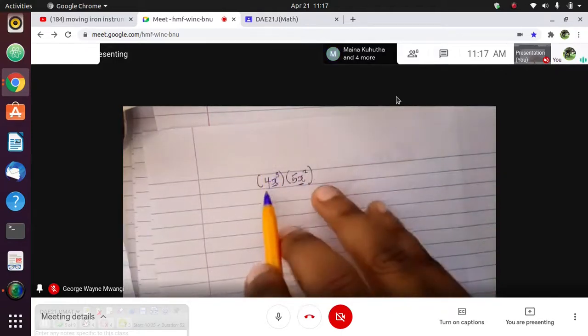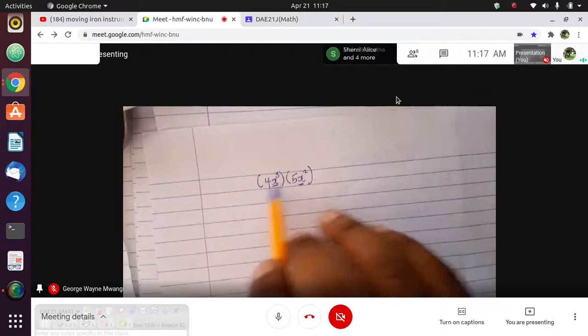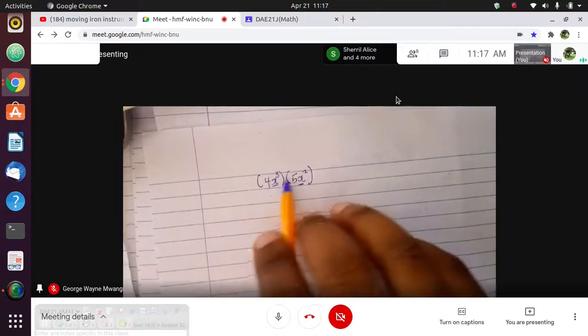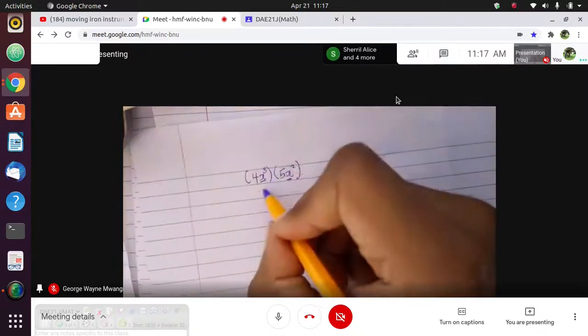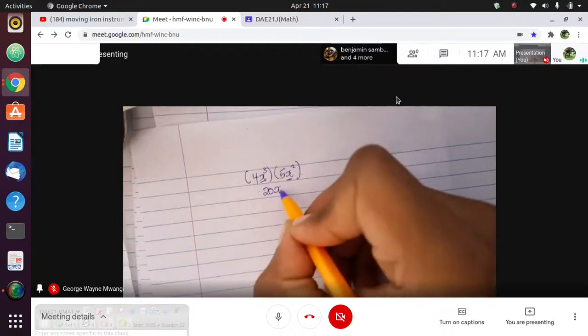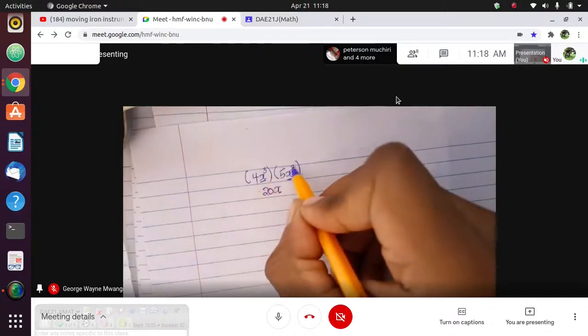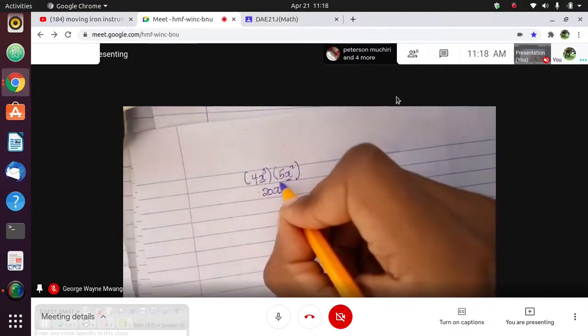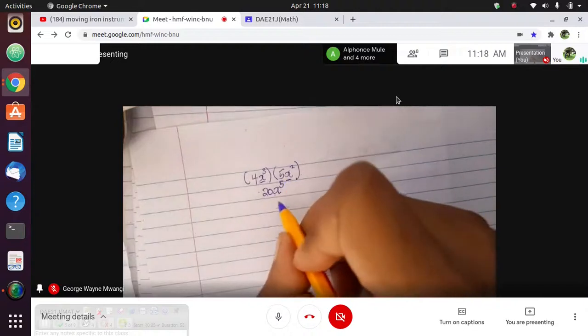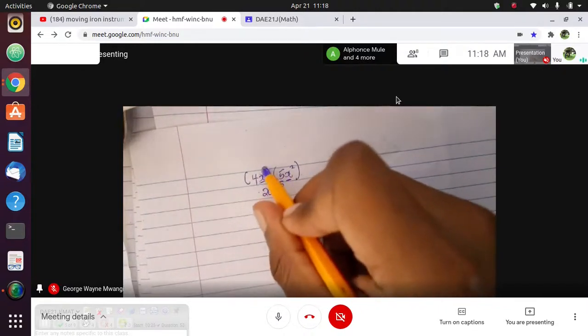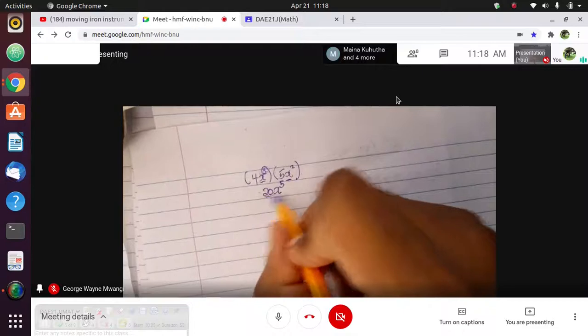We first deal with the constant. Tunaanza na hizi constant mwanzo, the coefficients. So 4 times 5 ni 20. Our variable is x. We have a common variable, and each x is raised to a power. So x raised to power 3 times x raised to power 2 itakuwa the same as writing x raised to power 5. We have added the exponents. We have added the powers.